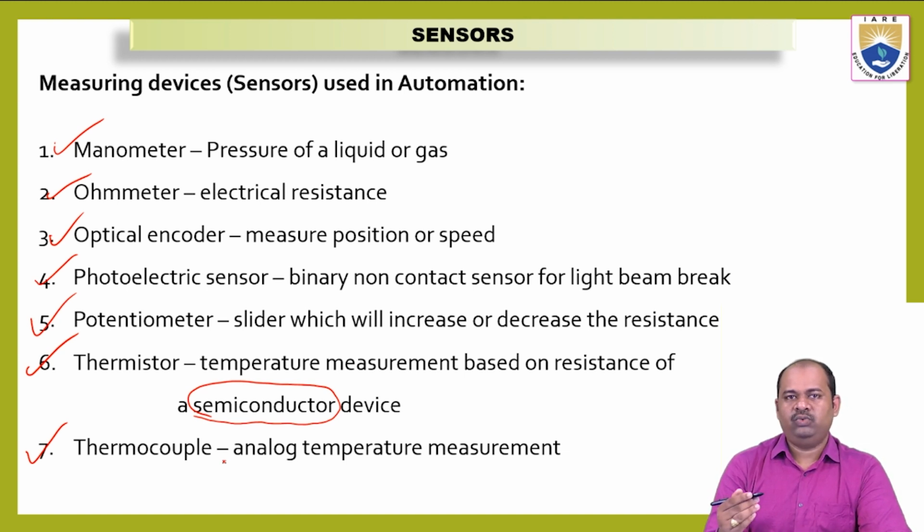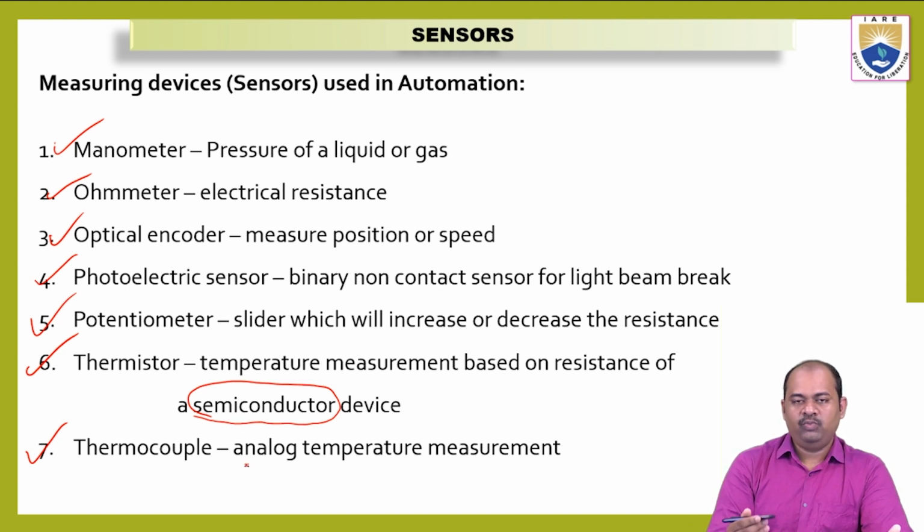When they are subjected to temperature, either cold or hot, they have different properties, so they will react differently to the temperature. One metal will elongate more, the other metal will elongate less. So this difference is used for calculating the temperature of the surrounding, where the thermocouple is used.